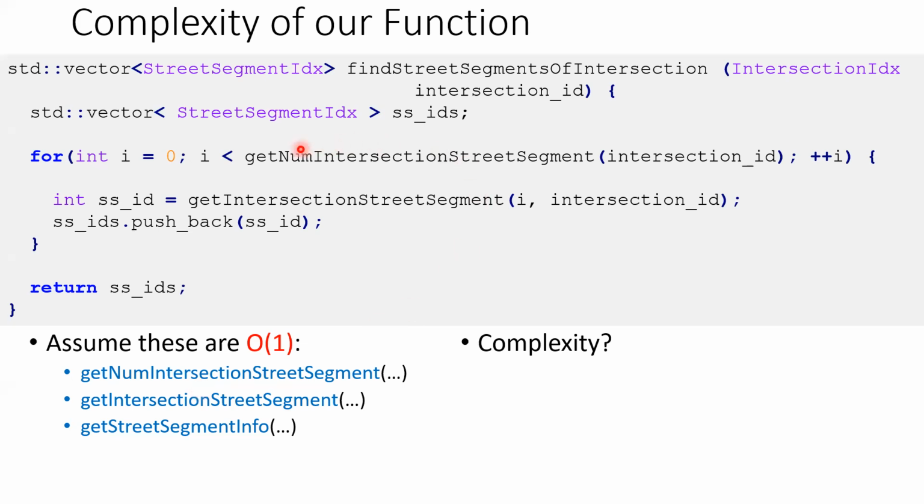What are we doing right now? Getting the number of intersection street segments will be O(1) time. Assume this is O(1).